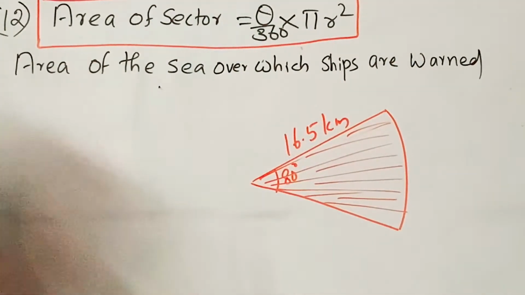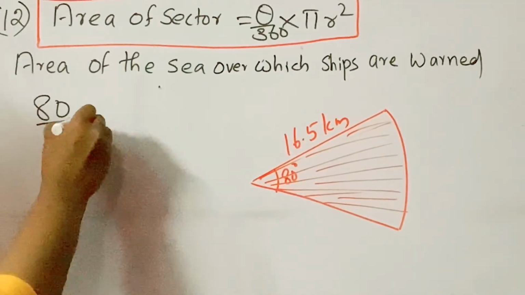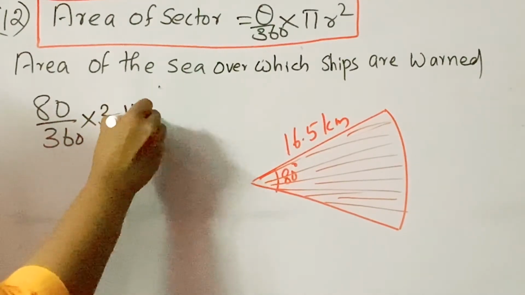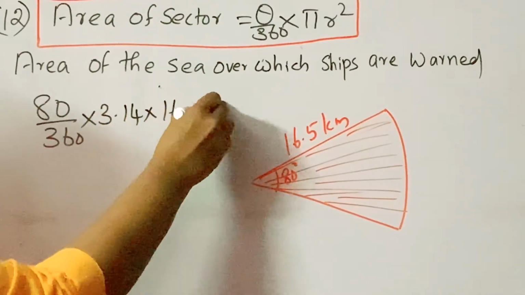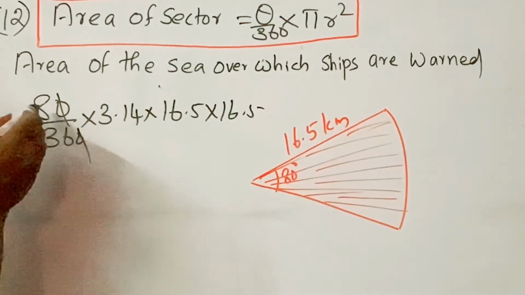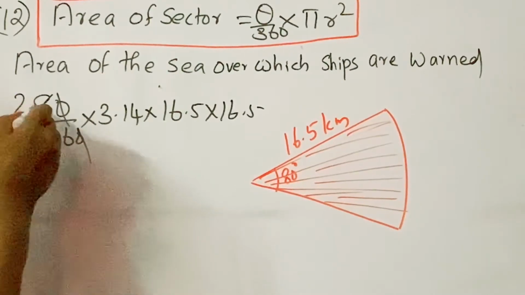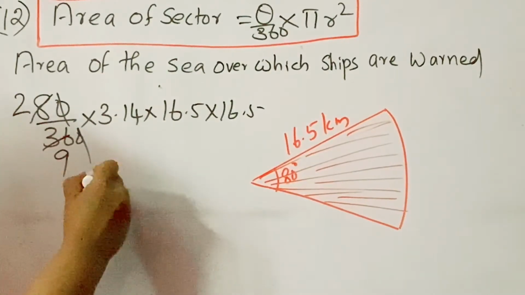Area of the sector is equal to theta by 360 into pi r square. Here theta is 80 degrees, that is 80 by 360 into 3.14 into 16.5 into 16.5. Here 0 will cancel, here 4 will go 2 times, here 9 times.